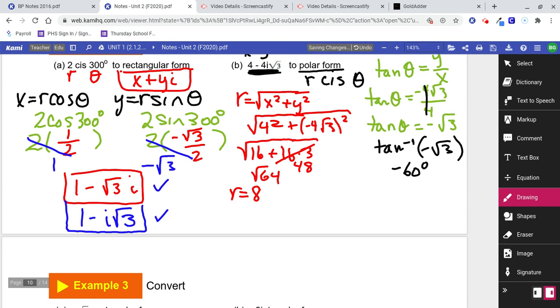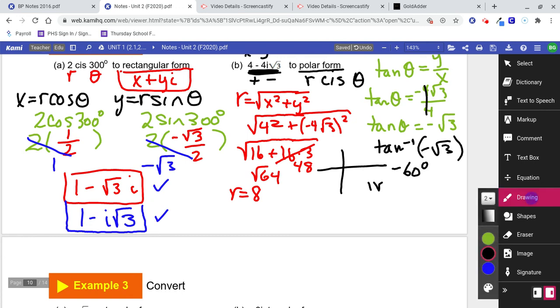This vector says x is a positive number 4 and y is a negative number, negative 4 square root of 3. So if you think about a plus minus, as for what quadrant we're in, plus minus would definitely put me in the fourth quadrant. So what you have to do for this one, and this is probably the hardest part because it's new, but you have to put a 60-degree angle in the fourth quadrant.